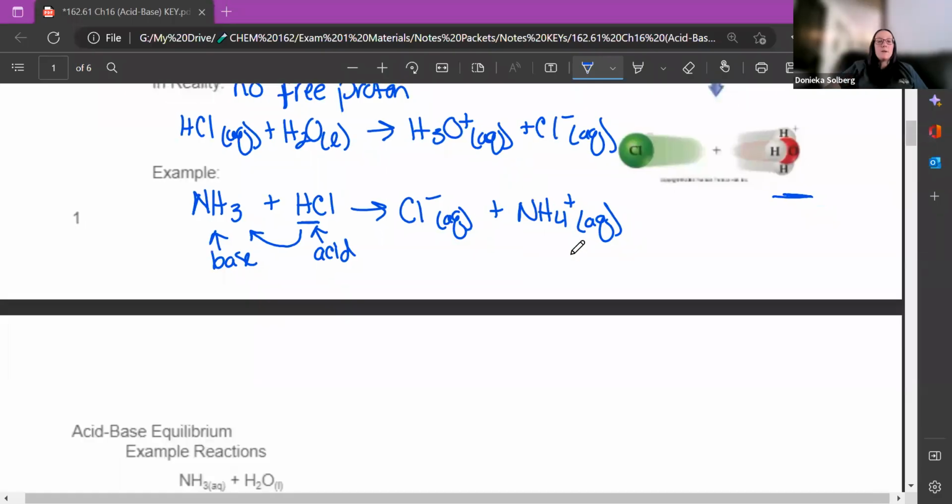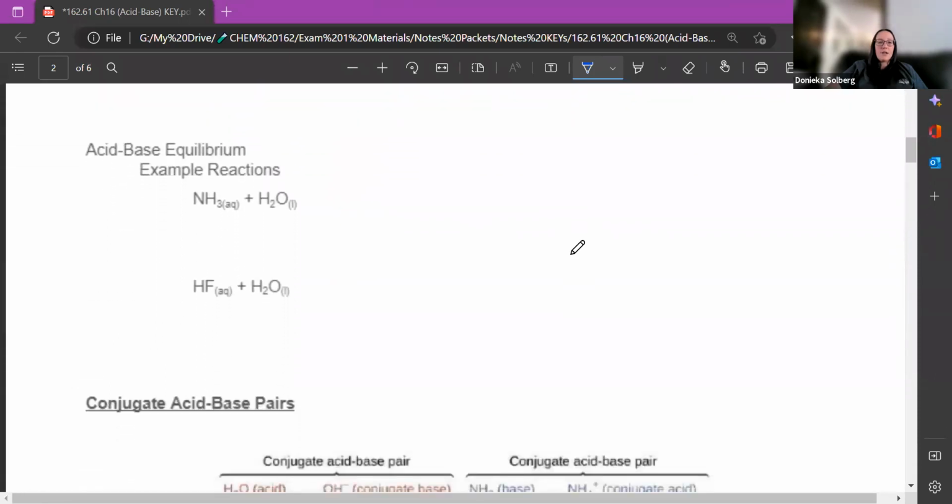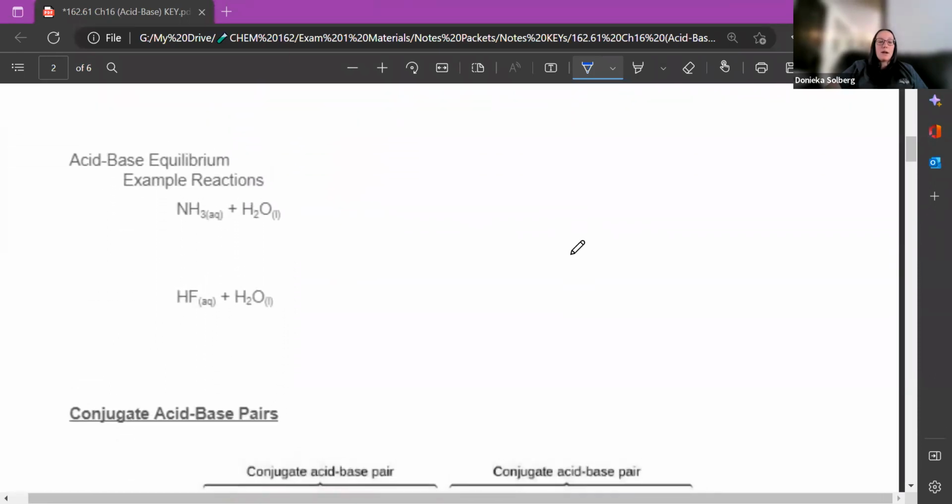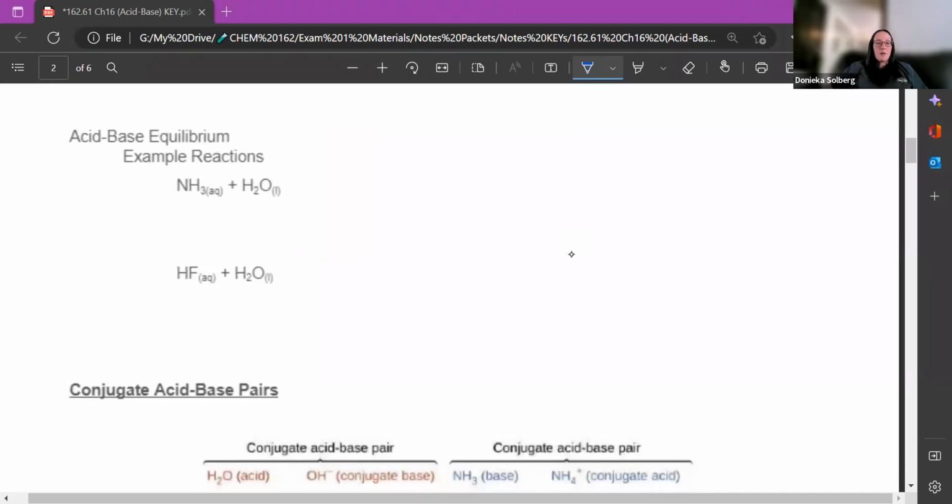Like I said, we use this Bronsted-Lowry definition, and we are going to start talking about acid-base equilibrium in regards to Bronsted-Lowry acids and bases. So there's that equilibrium word. I told you this whole semester is really based on equilibrium reactions, things that can go back and forth. Acid-base equilibrium is what happens when you have a weak acid or a weak base.